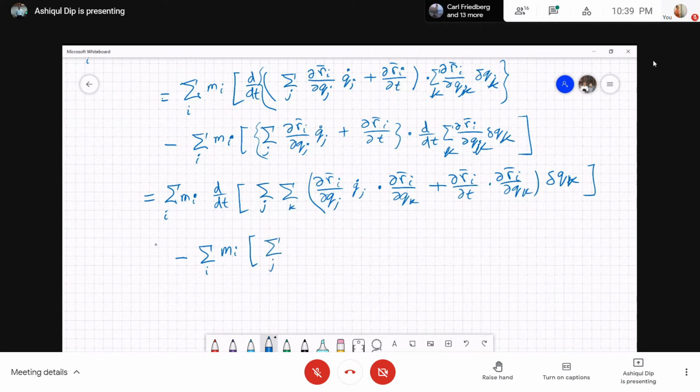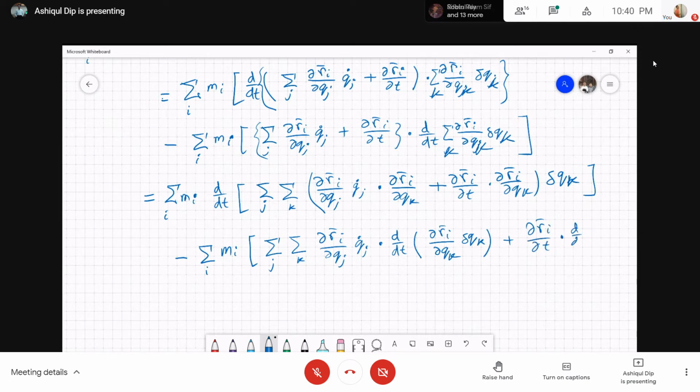So sum over j, sum over k, delta r_i by delta q_j dot d/dt of delta r_i by delta q_k, variation q_k. This is one thing, plus delta r_i by delta t dot d/dt of delta r_i by delta q_k, variation q_k.